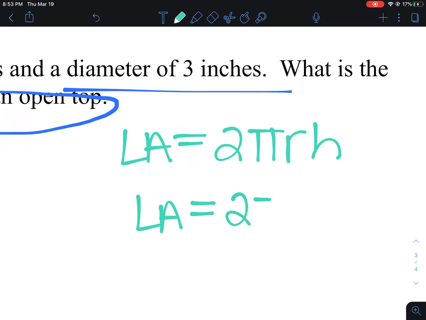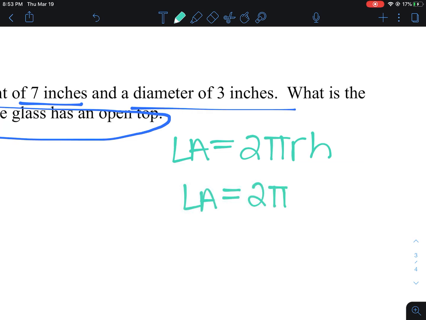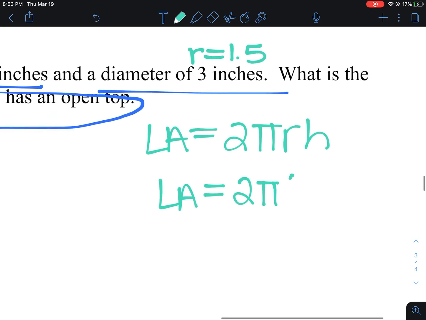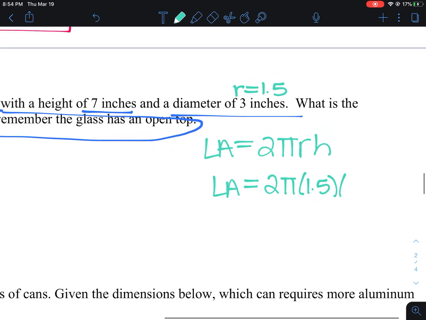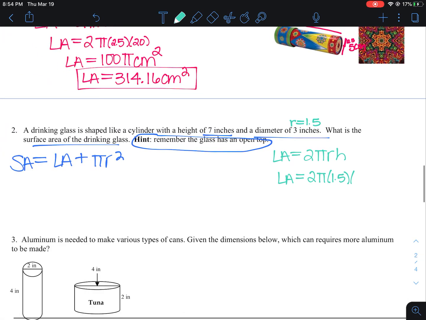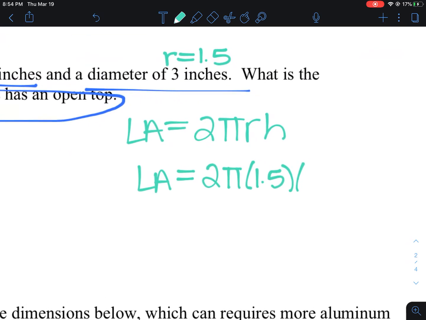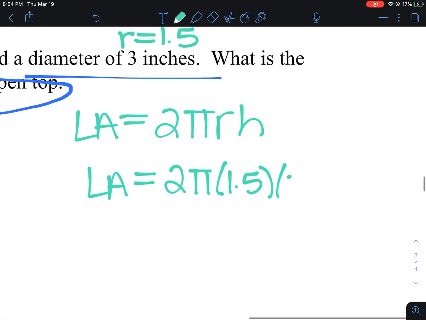So 2 pi, remember the diameter is 3. So that would mean our radius would be 1.5, right? Because 1.5 is half of 3. So plug that in for r, 1.5. The height of our drinking glass is 7 inches.